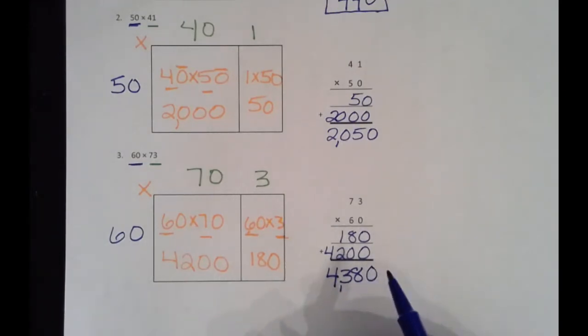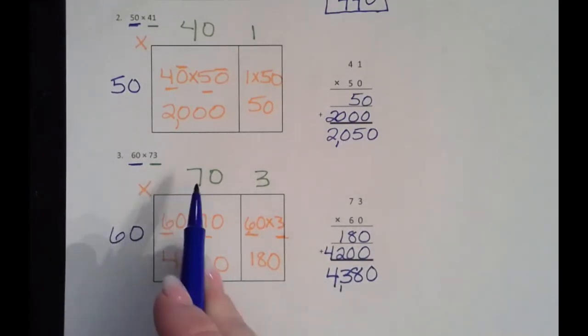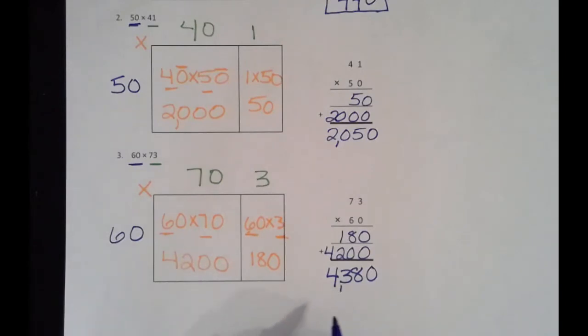So 73 times 60, or 60 times 73, will be 4,380.